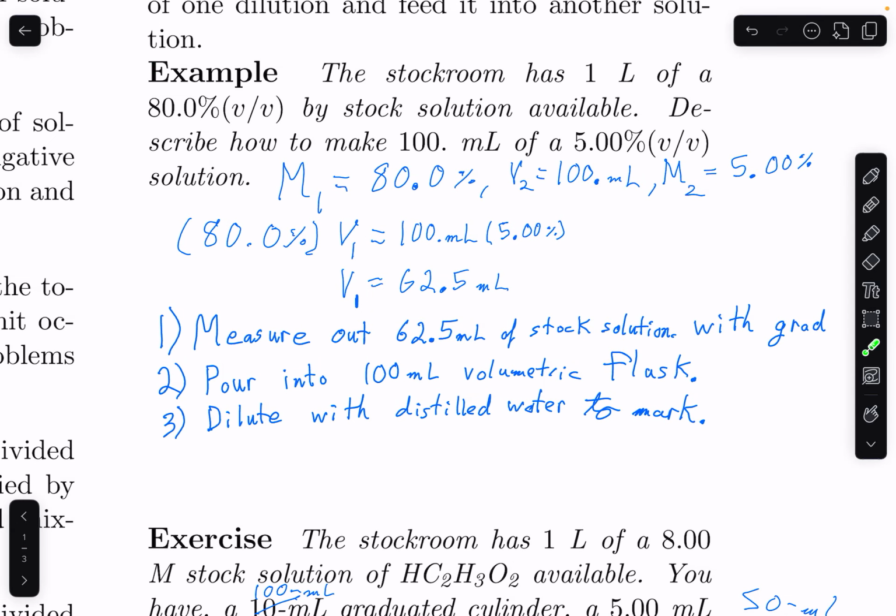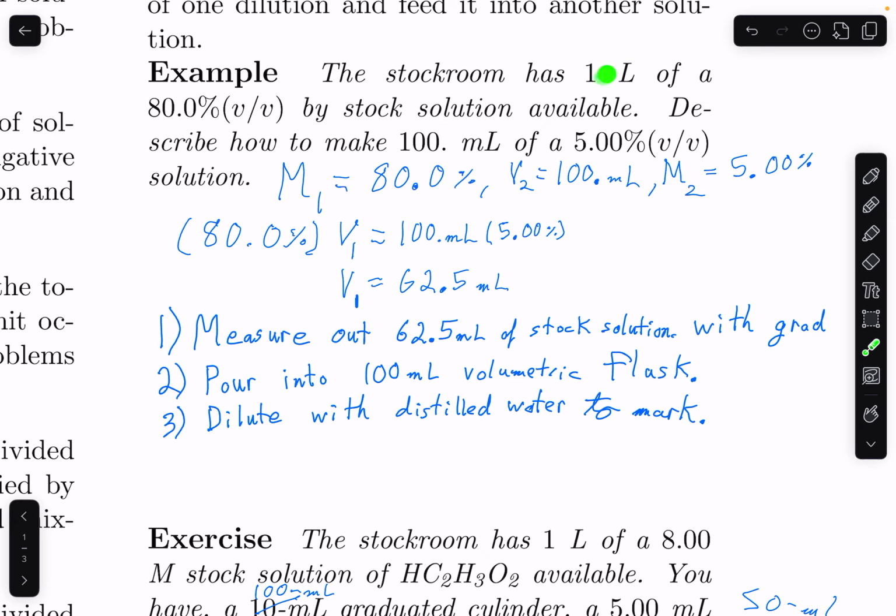So in our example, we've got 1 liter of an 80% stock solution, and we want to dilute it down to 5% by volume, and we need 100 mL. So I state M1 is 80%, V2 is 100 mL, M2 is 5%.